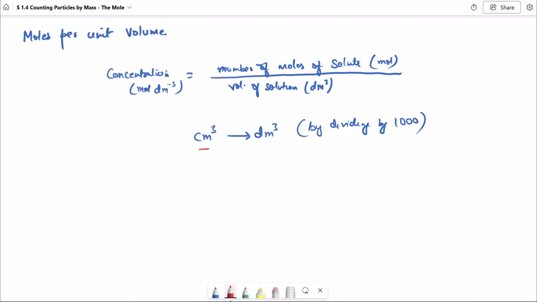So we can say for the formula here also, we can apply a triangle, right? So this is moles, concentration, and volume. That means I can write in short form NCV.